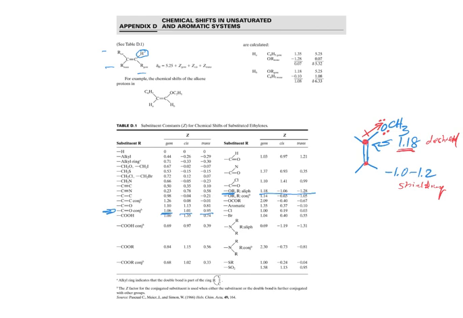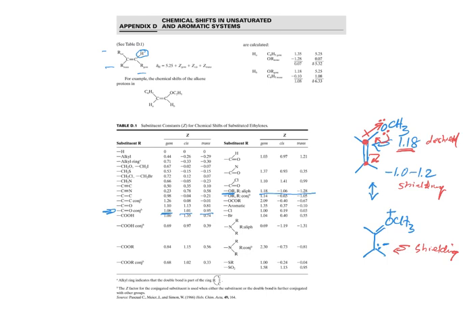Is it resonance? Resonance. So we can have resonance so that these electrons can be donated here. That's going to push these electrons over here. And so we have a resonance structure that looks like this, plus here, minus over here, right? And so this is going to cause shielding, right? A greater electron density at that position.